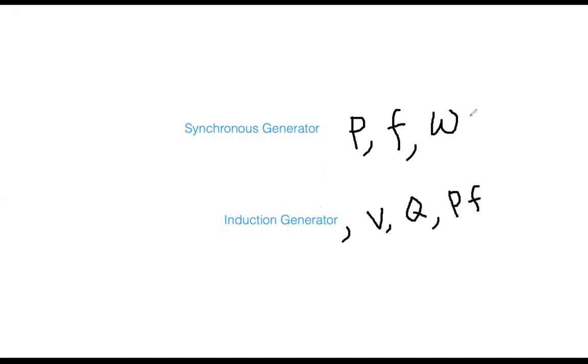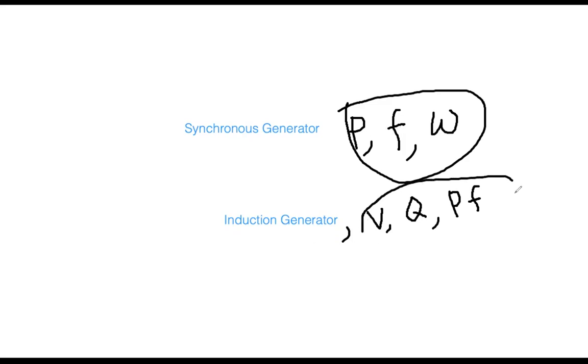In other words, in the case of the synchronous generator, these three factors are kind of analogous. This means active power control means speed control, and speed control means frequency control. In the case of the induction generator, these three components are also analogous. Voltage control means reactive power control means power factor control.